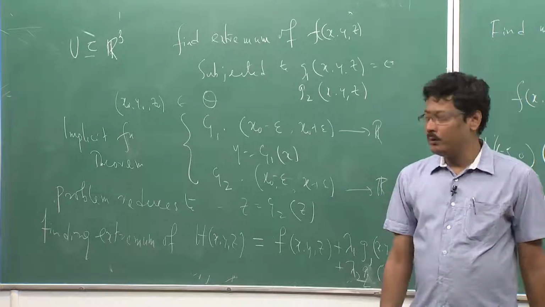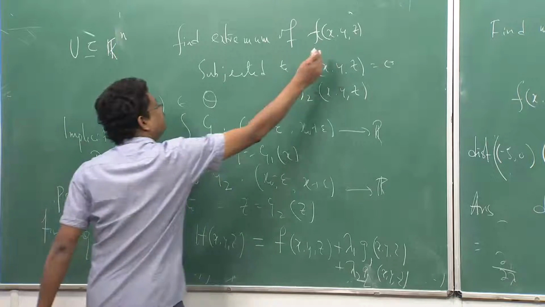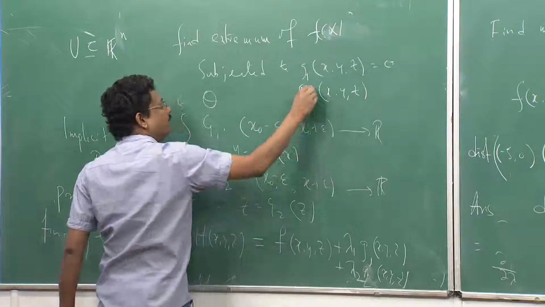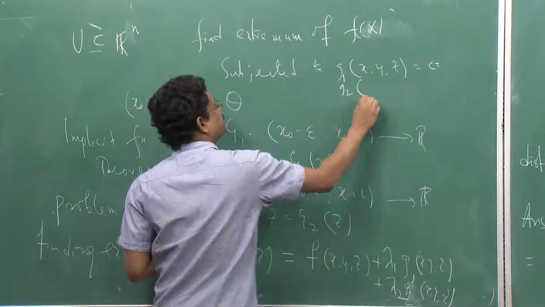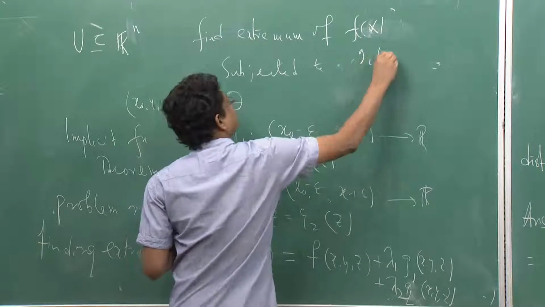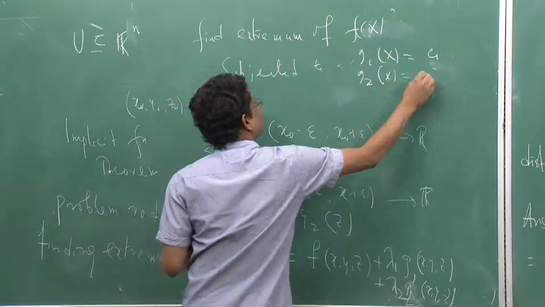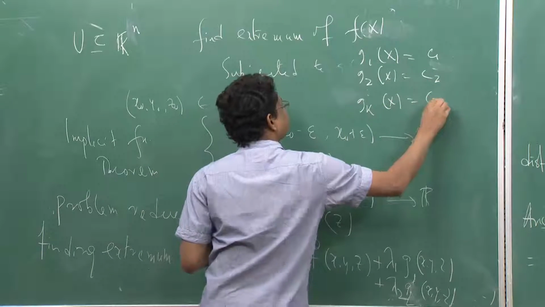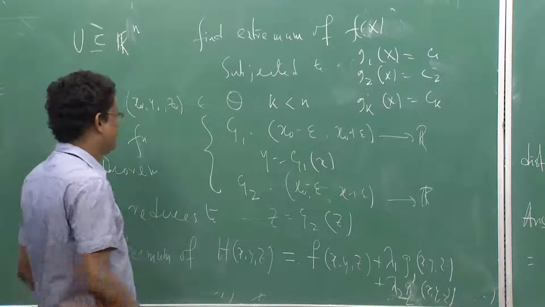And now you see what will happen if I take u in Rn, and instead of 2, I have k many conditions, where k is less than n, to apply the implicit function theorem.